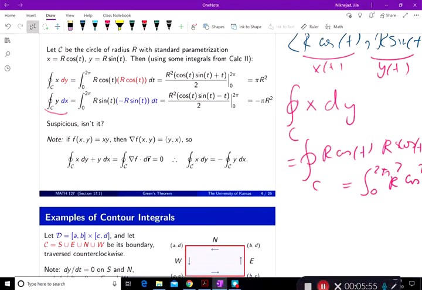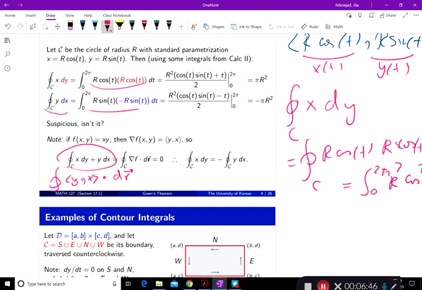Now notice, when you compute the contour integral of x dy and the contour integral of y dx, these two added together give the integral of (y, x) dot dr. And (y, x) is basically the gradient of the function f(x, y) equal to xy.